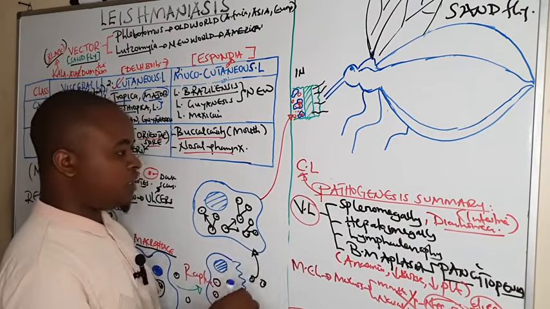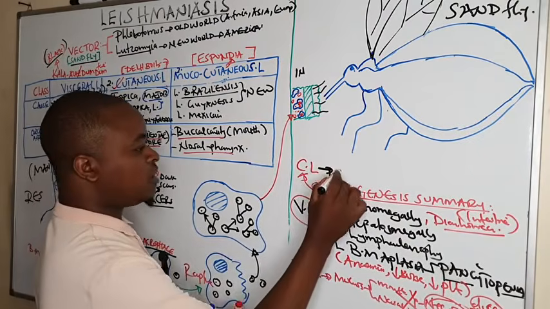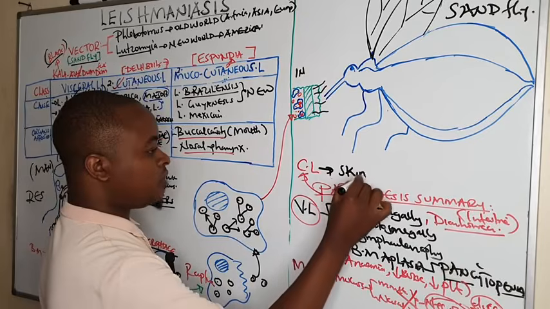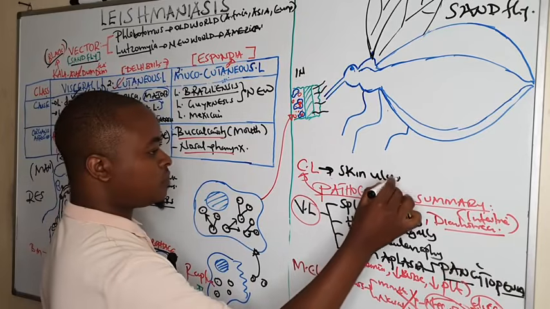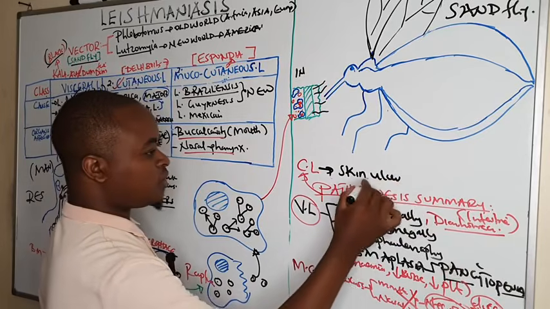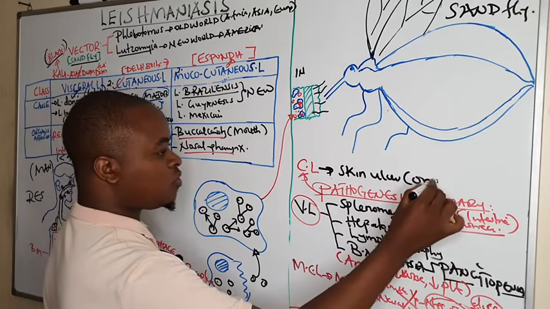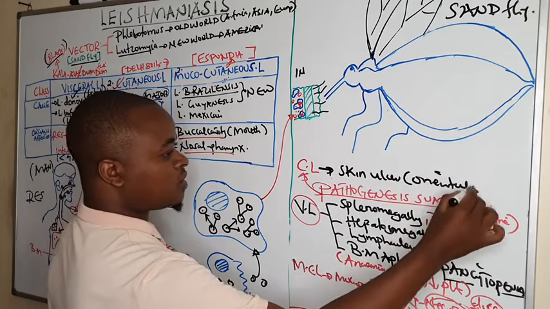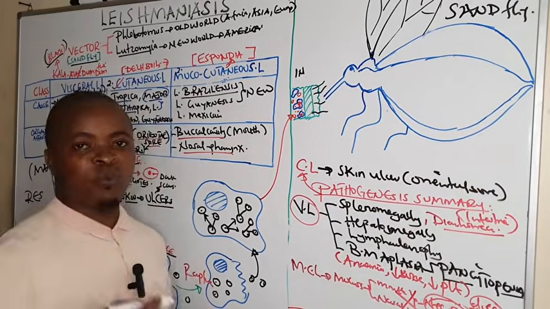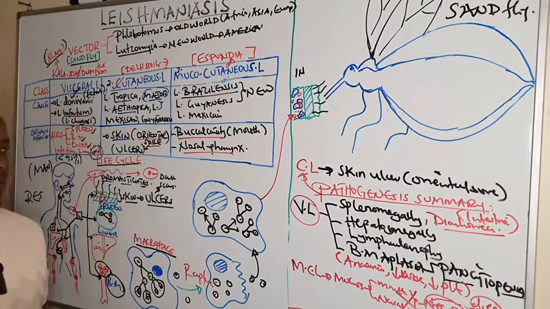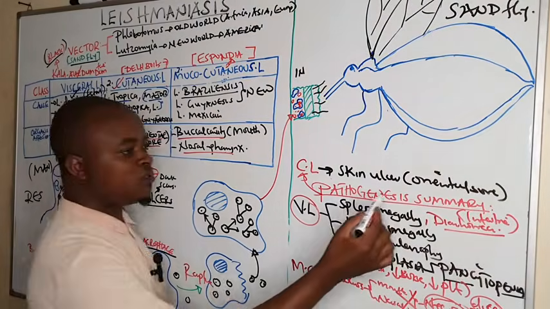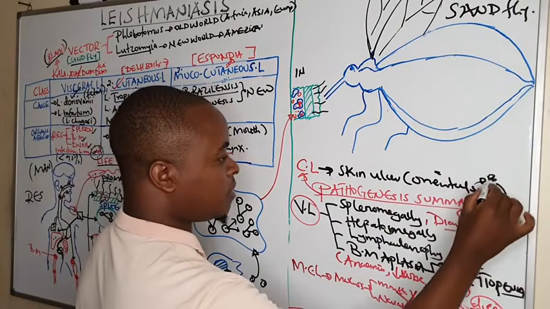But we talked about cutaneous leishmaniasis. Its pathogenesis was causing skin ulcers. Skin ulcers were resulting from the oriental sores, since the amastigotes multiply within the macrophages in the skin. But these ulcers, when they heal, they leave a black scar.